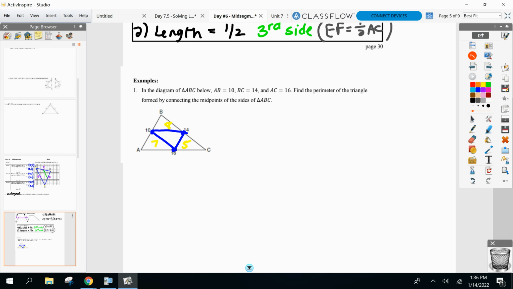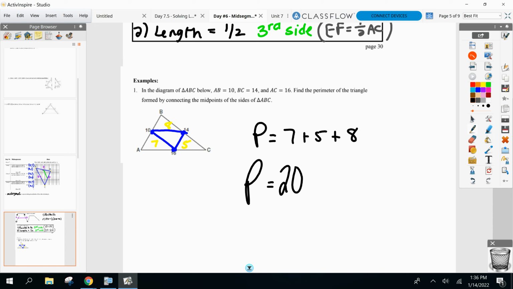And then you guys know what the deal is with perimeter, right? 7 plus 5 plus 8, and we end up with a perimeter of 20. I don't want to go too in depth, but I just want to graze over this.